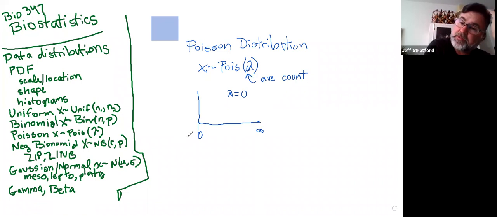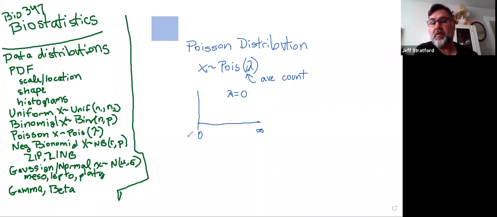So remember, we're dealing with counts. So you can't have -6 sick patients coming into your hospital. So it has to be some number of 0 and above. If you are close to 0, what you'll find is things pile up at 0 and then they tail off.